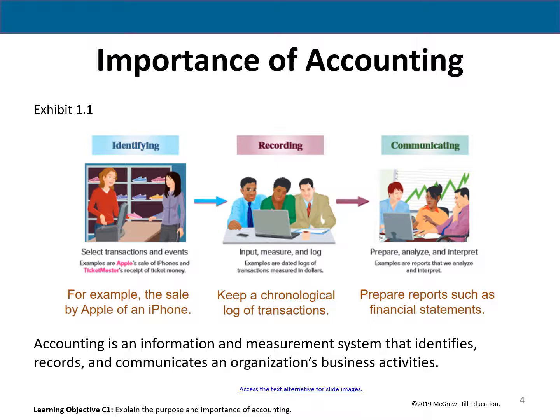So a company will take what they call transactions or business events that are financial in nature. So they identify those. Then they'll input them into an accounting system, which you're going to learn this semester, which is a chronological log of transactions. And it summarizes these transactions.